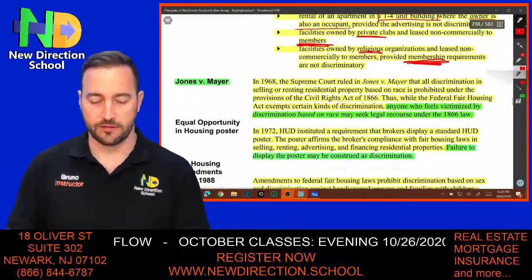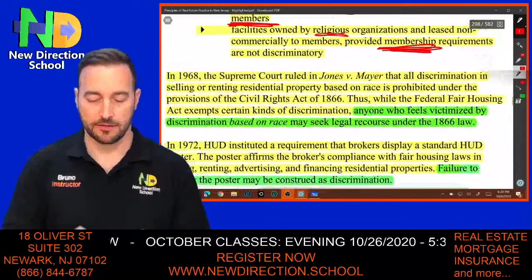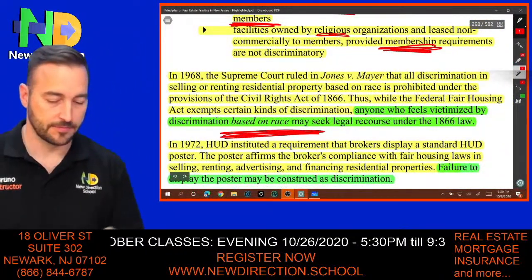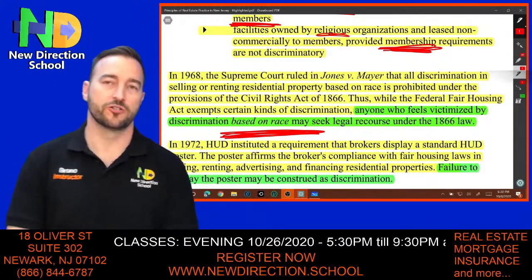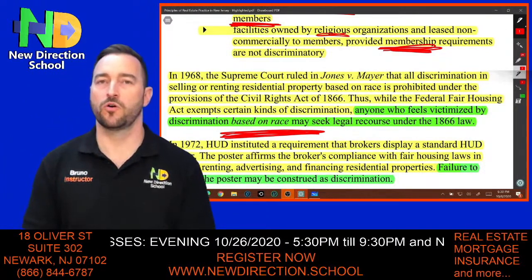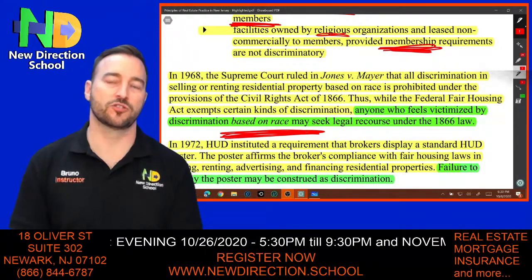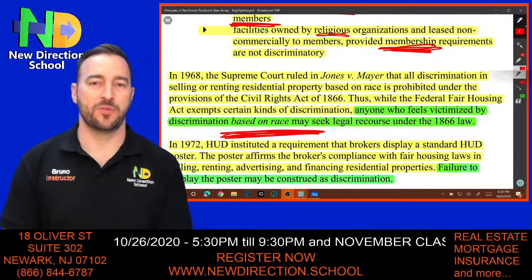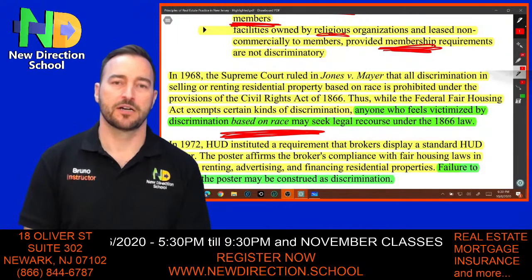No one can discriminate if it's based on race. No one. There's no exceptions. No one can discriminate if it's based on race. Write this down in big, bold letters somewhere.